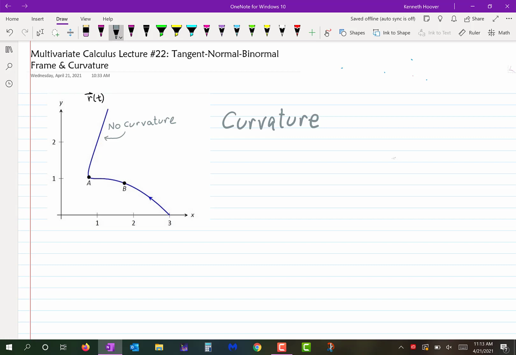This portion of the graph, along here, there's a bend, isn't there? It's not a very tight bend. It's a relatively slow bend. So right there the curvature would be some sort of a small number. I'm going to write small curvature.